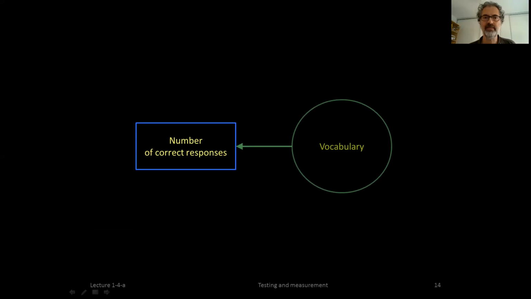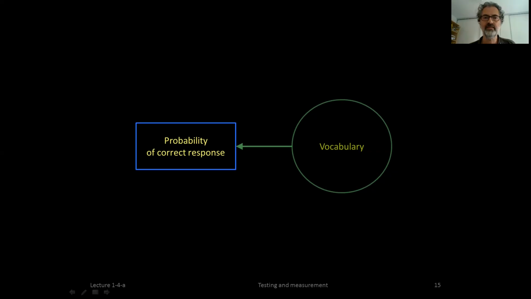So in a vocabulary test, we ask different words. In other kinds of tests, there's always a set of different questions. So it's not clear that we should be adding those, but we do that. And the reason that we do that is because the number is used to indicate something else that we have conceived of, and that's the idea of probabilistic responding.